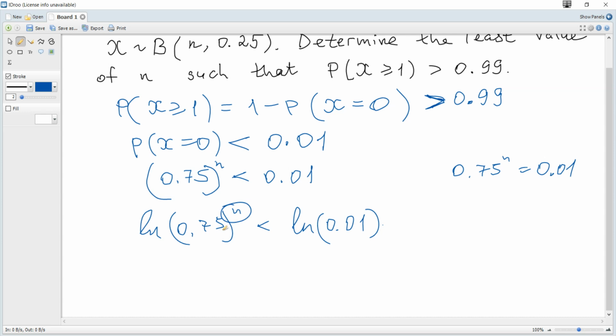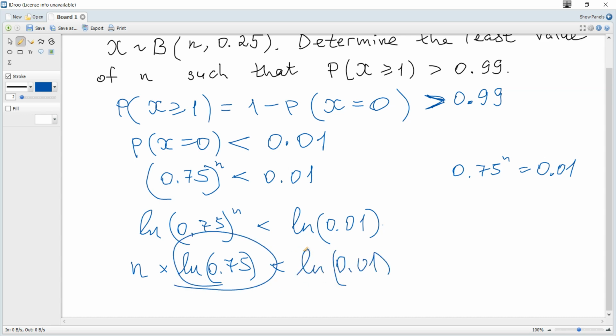According to the property of logs, this power moves in front of ln. So it becomes n multiplied by ln 0.75 is less than ln 0.01. But ln is just a number.